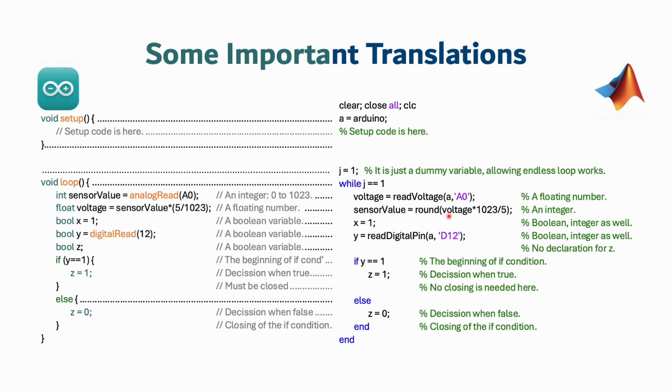Suppose that the number you get is, let's say, 7.1. You will round this to be 7 instead of 7.1. That's why I'm writing a note here: the result is an integer because of this rounding function.